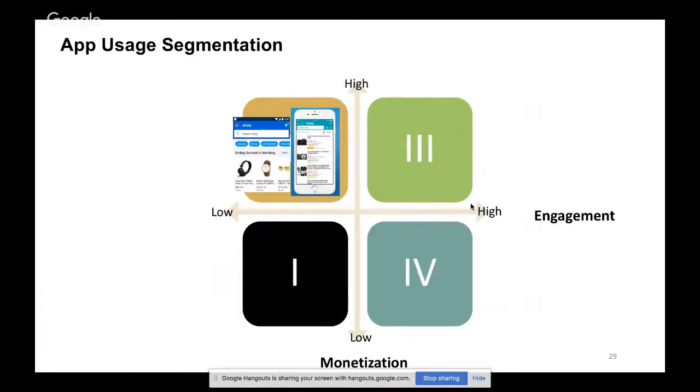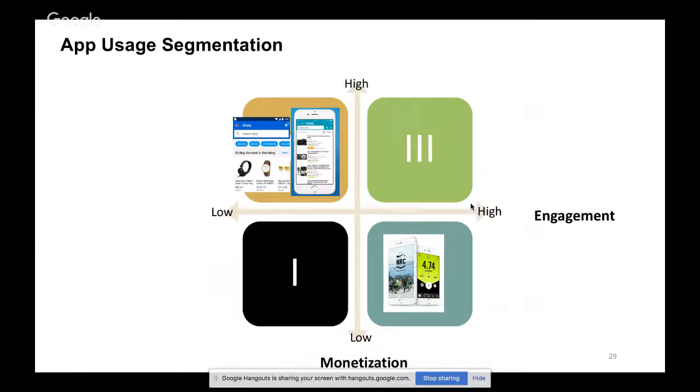Okay, so moving on to the bottom right corner, where you have high need to engage with your customer while low need to monetize. One example is the Nike Plus app, which I will elaborate later in the webinar.